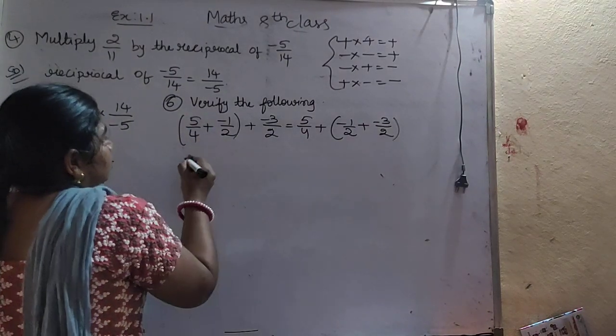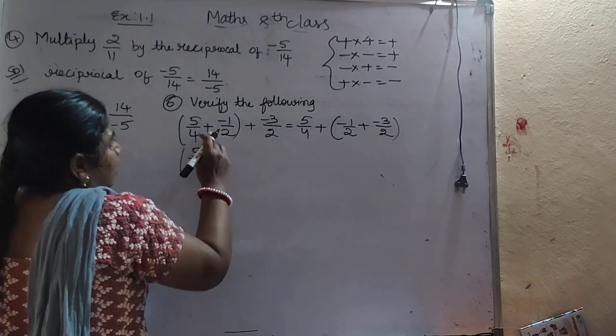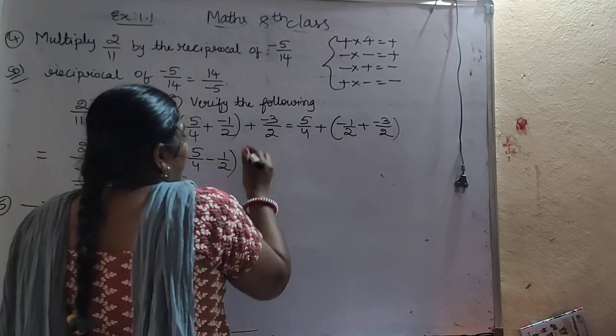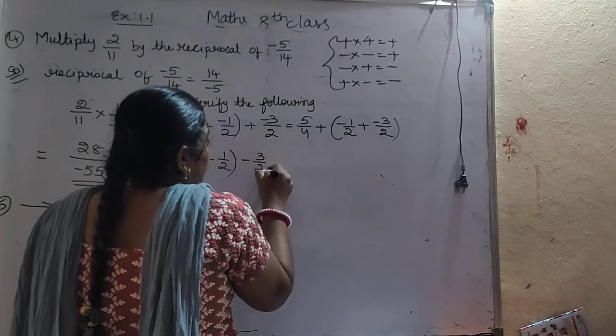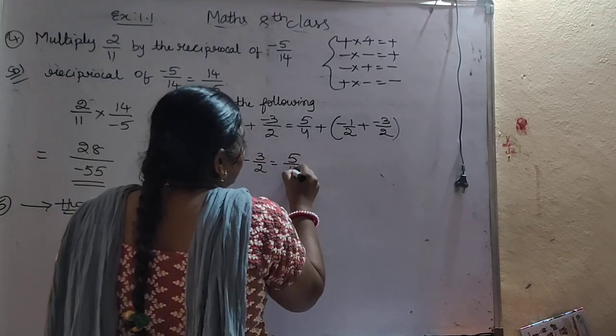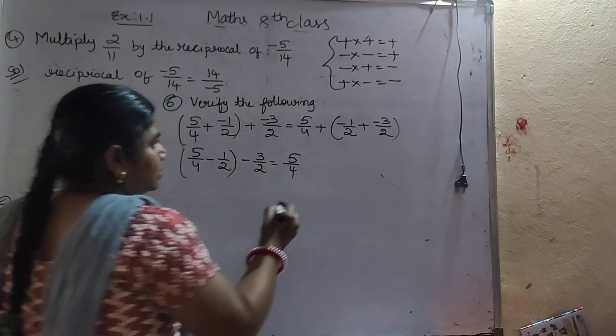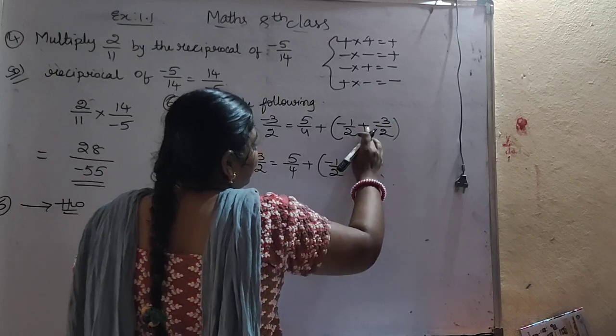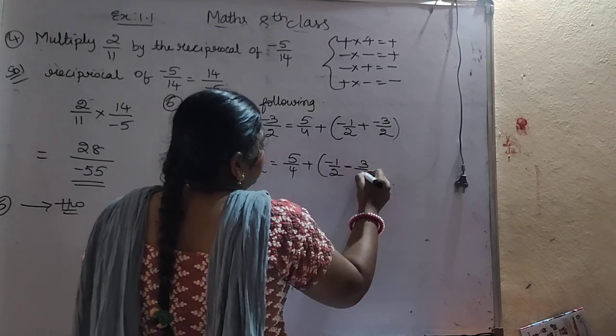So first solve this: 5 by 4 plus into minus will be minus 1 by 2, plus into minus will be minus 3 by 2, is equal to 5 by 4, I am writing as it is here, plus minus 1 by 2, plus into minus is minus 3 by 2.